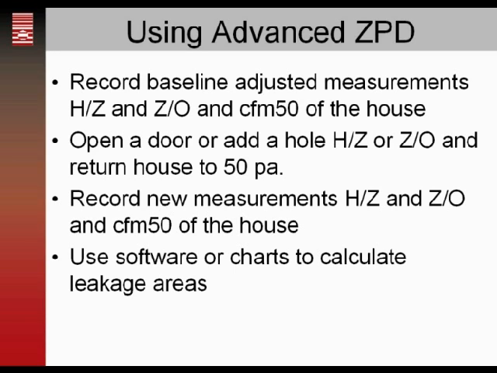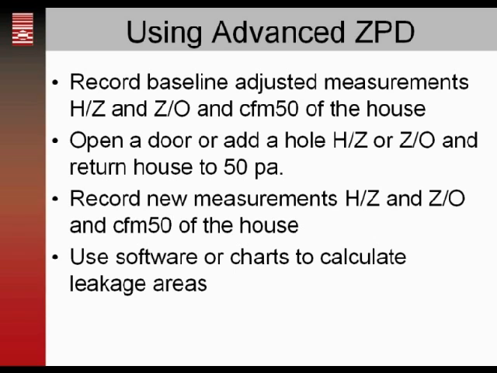So by unsealing the roof vents, we're essentially adding a hole attic to outside and returning the house to 50 pascals, and we can use that to get our measurements also. And then we'll record the new house to zone and the new zone to outside and the CFM 50 of the house. And then we'll need to use software or charts to calculate the leakage areas.